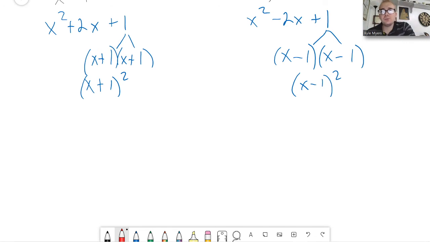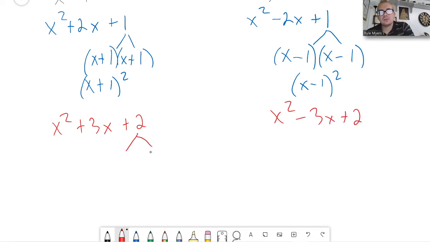So next we have 2. x squared plus 3x plus 2, x squared minus 3x plus 2. So here it's 1 and 2. Notice before I had to make one of them negative, one of them positive, so I flipped which one was negative, which one was positive.